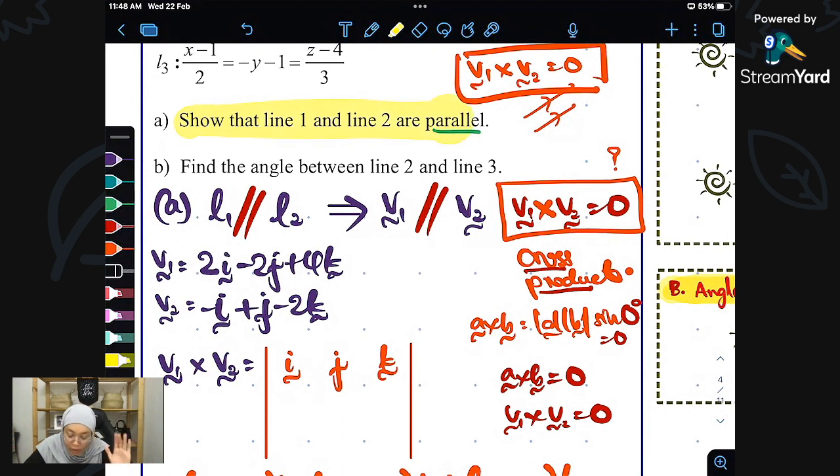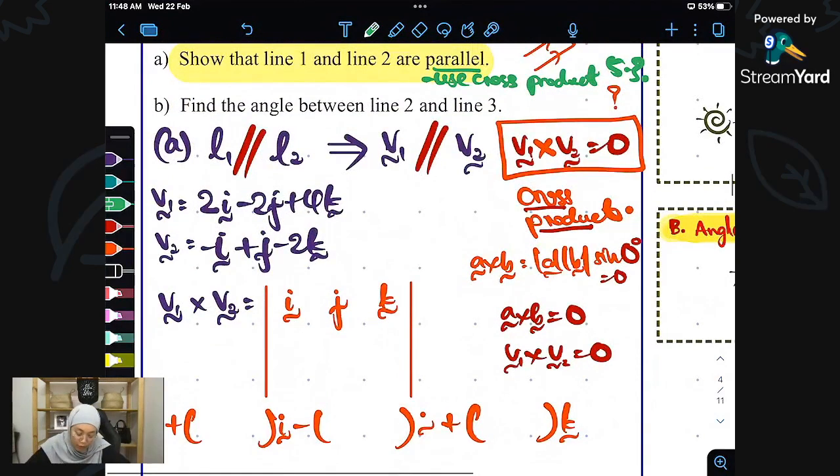That's why we need to show. Soalan yang minta, we gotta show that two lines are parallel. So nak menunjukkan dia parallel, hanya pakai apa? Use cross product lah. Use cross product, the knowledge of 5.3. See, kena pakai knowledge 5.3 dalam 5.4. Sebab 5.4 adalah equation, adalah application. So masukkan V1, 2, negative 2 and 4.